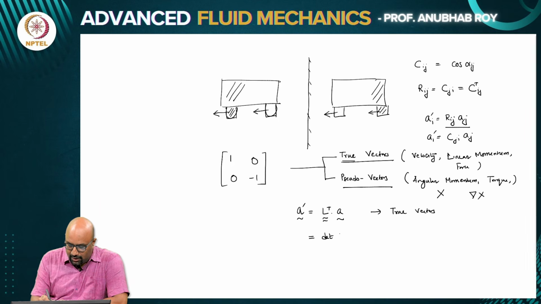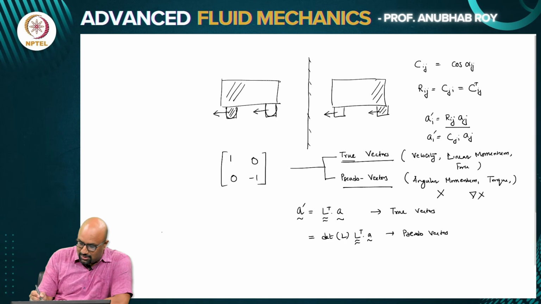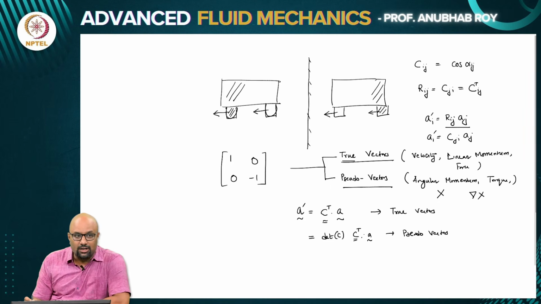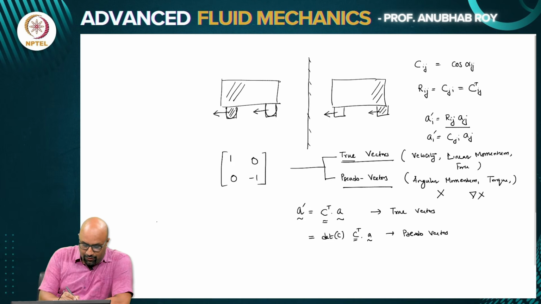For a pseudo vector, it would be determinant of L times L transpose dot A. Now, if you recall from our previous discussion, sorry, I have been using C. So, determinant of C multiplied by C transpose dot A. Now, if you remember from the earlier lecture, C transpose is the inverse of C, which means that determinant of C square is 1, or determinant of C is equal to plus or minus 1.